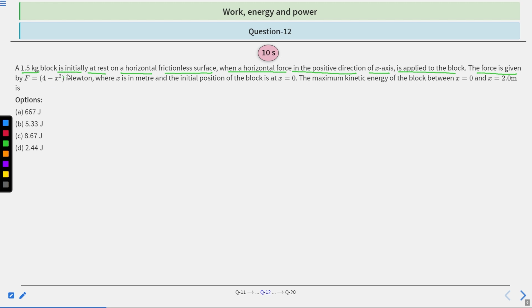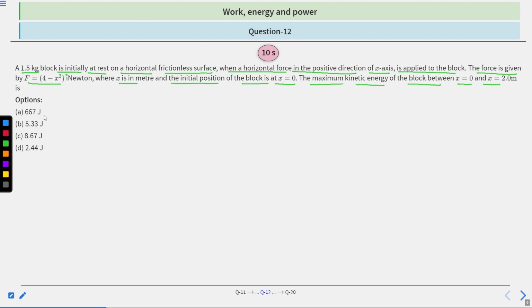Clear? This force is in newtons, where x is in meters, and the initial position of the block is at x equal to 0. The maximum kinetic energy of the block between x equal to 0 and x equal to 2 is what?